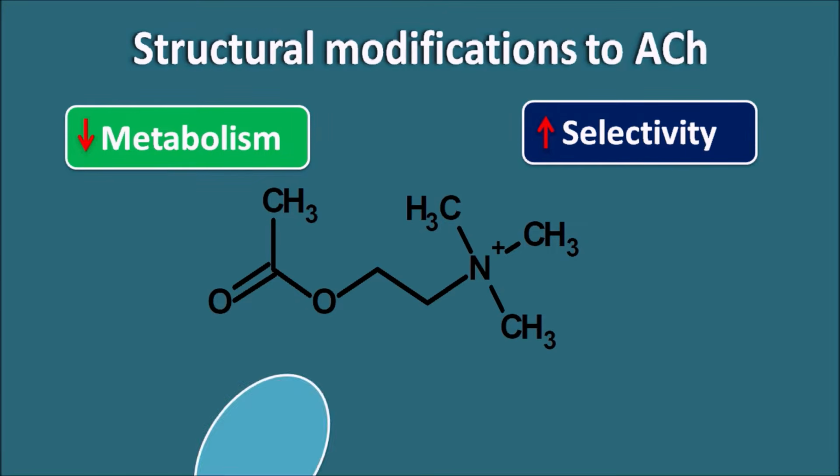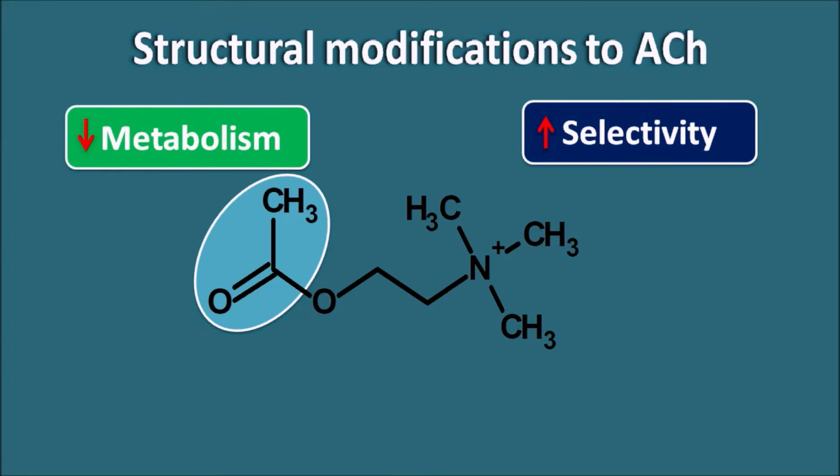One group is the acetyl group, which can be easily cleaved by the choline esterases. If we replace this acetyl group with an amide group, the molecule no longer acts as an ester, so it cannot be cleaved by choline esterases. In this way, by replacing the acetyl group with the amide group, we can produce drugs which are not easily hydrolyzed by the choline esterases.